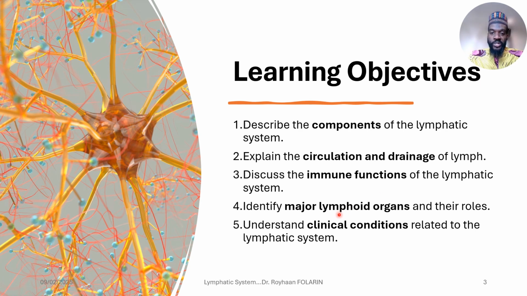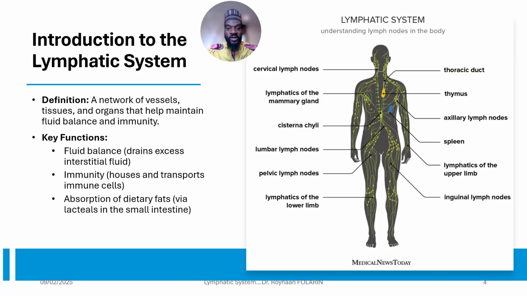By the end of the lecture, we hope that you'll be able to identify the major lymphoid organs and mention their specific roles. Also, we hope that you would understand the clinical conditions that are related to the lymphatic system. So by the end, you should have a clear understanding of the structure, function, and the clinical significance of the lymphatic system. So keep these objectives in mind as we proceed.